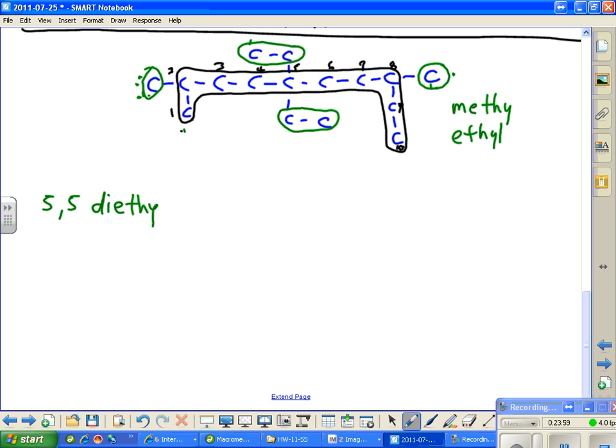And where are my methyls? On which 2 numbers? 2 and 8. Yeah. So it's 2, 8, di, methyl, and the length of the longest chain is decane, 10.